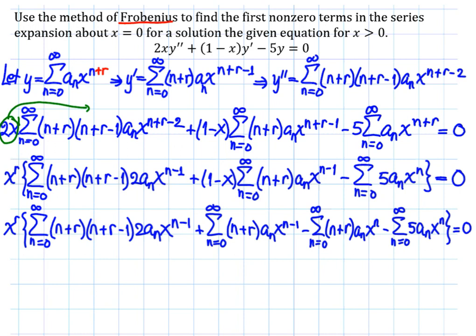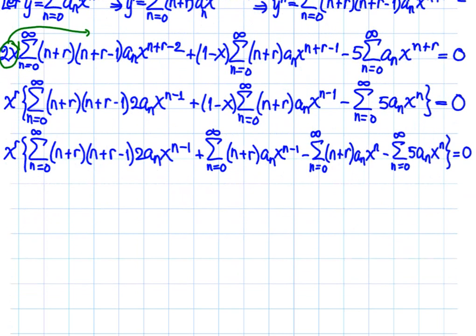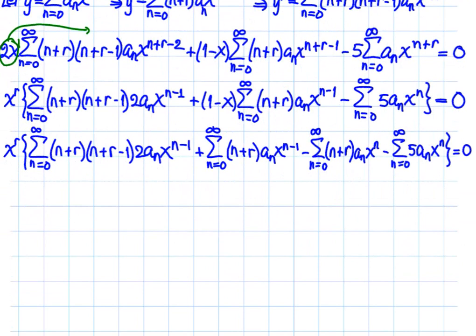Right. Now we combine the series. Just like we combine other series, we just see where it starts. So I will check real quick. When n equals 0 here, it will start at x to the negative 1 power. For here, n equal to 0, this one will also start at x to the negative 1 power.